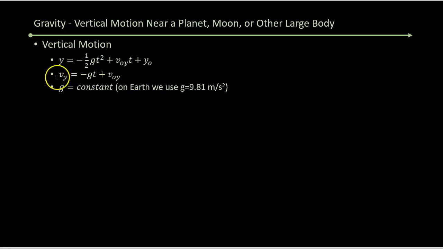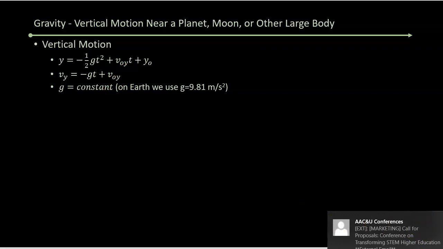In the next equation, your vertical velocity is minus the acceleration of gravity times time, plus whatever your initial velocity at time t equal to 0 was.